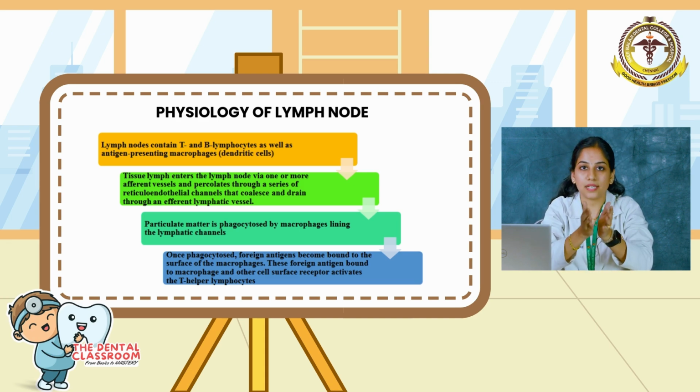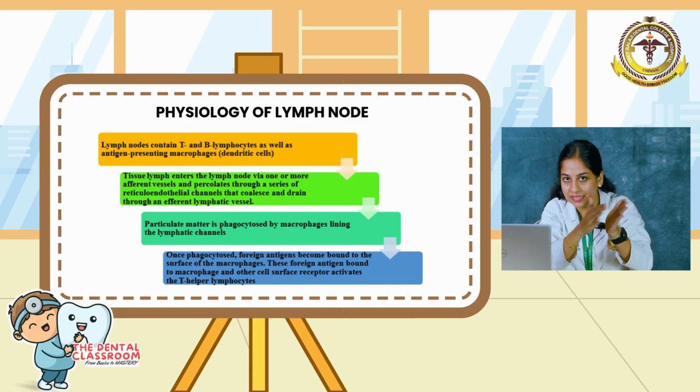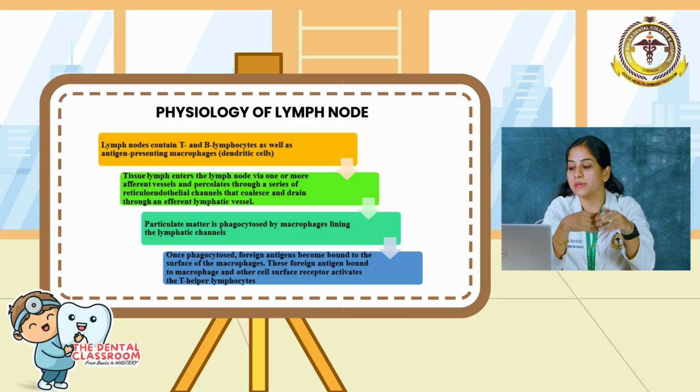The particulate matter is usually phagocytosed. What exactly does the word phagocytose mean? It just means eating. The particulate matter is phagocytosed by the macrophages lining the lymphatic channels. Once phagocytosed, the foreign antigens become bound to the surface of the macrophages.